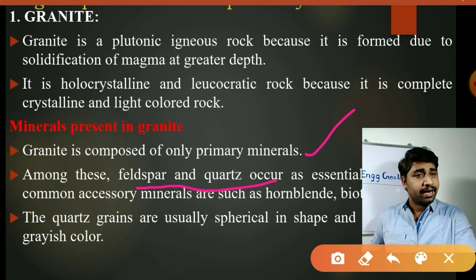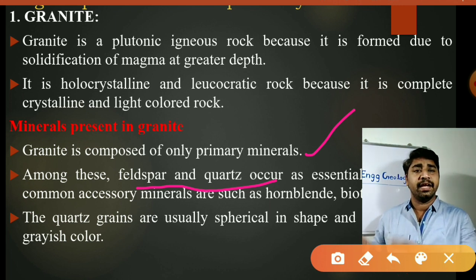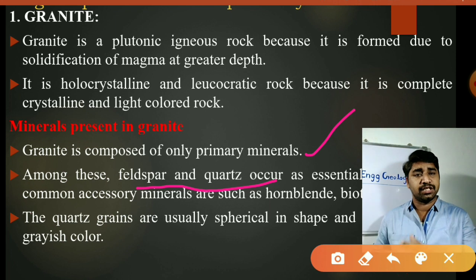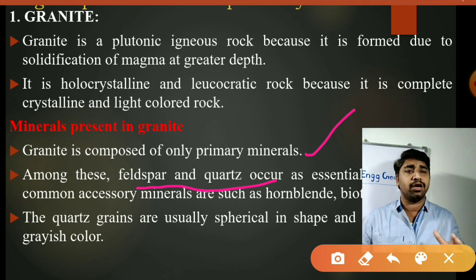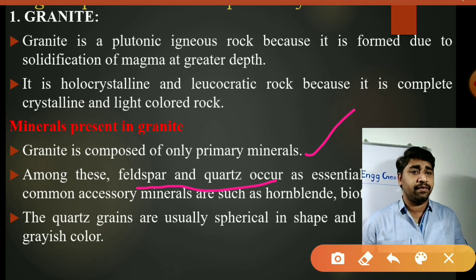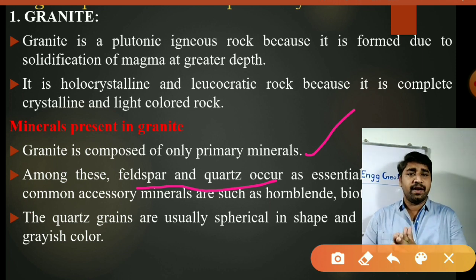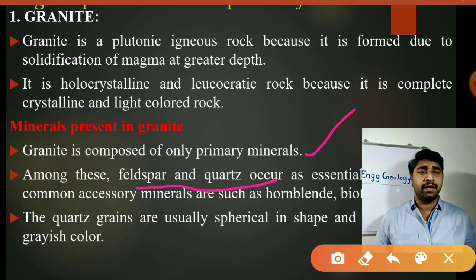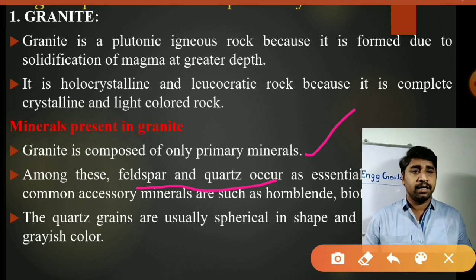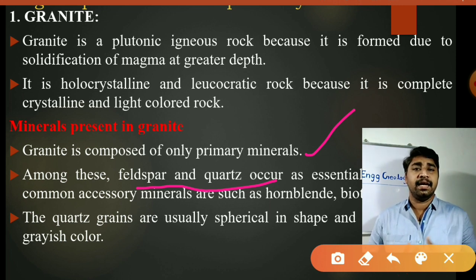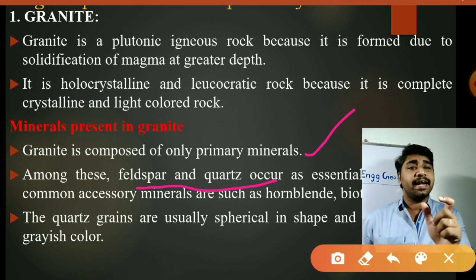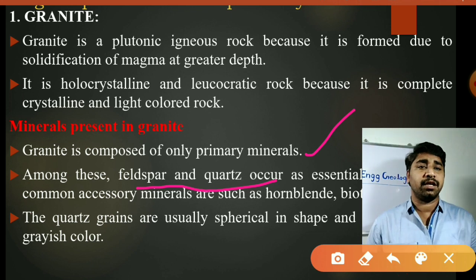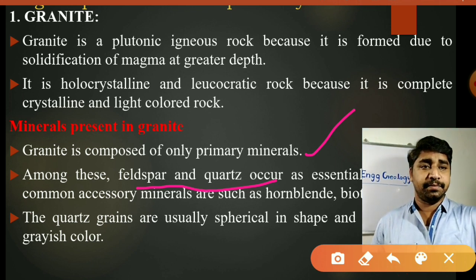In order to say it is a granite, it should definitely have the essential minerals, quartz and feldspar. If quartz and feldspar are absent in that rock, then we cannot say that it is a granite. So these two minerals are essential to identify it as a granite, and those are called essential minerals.